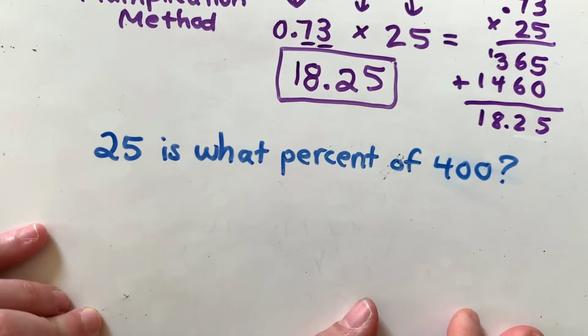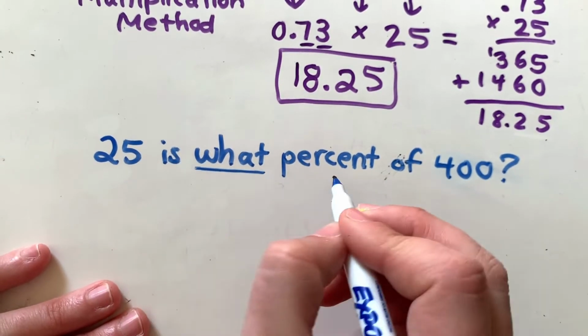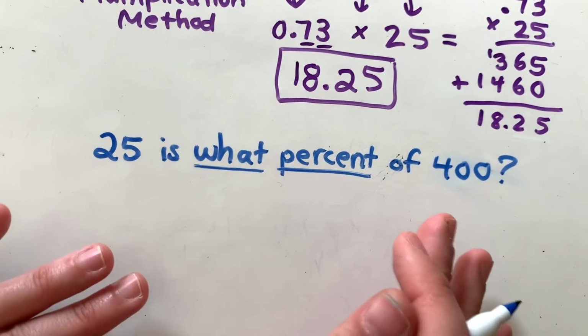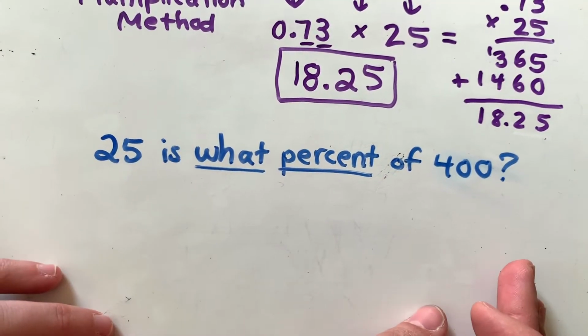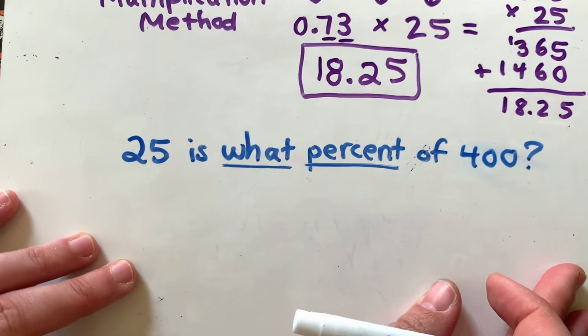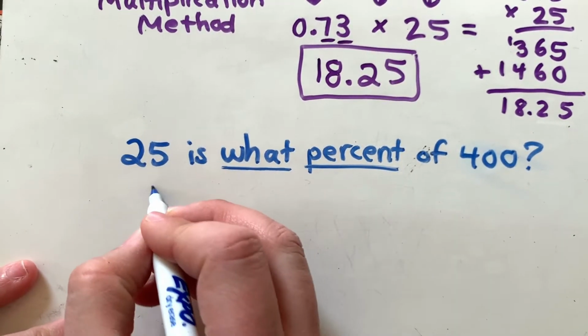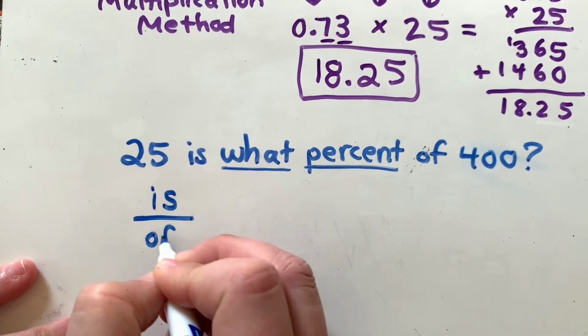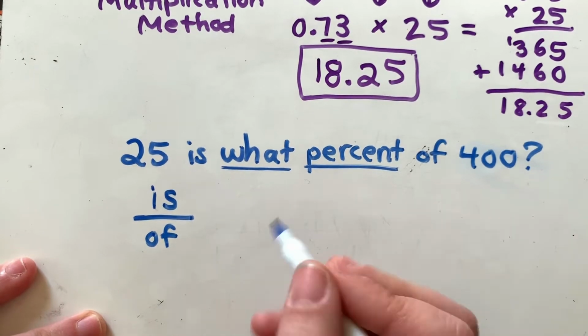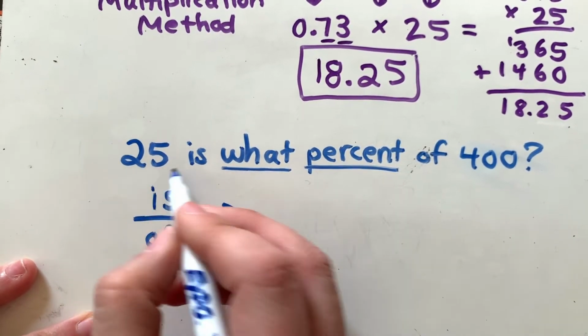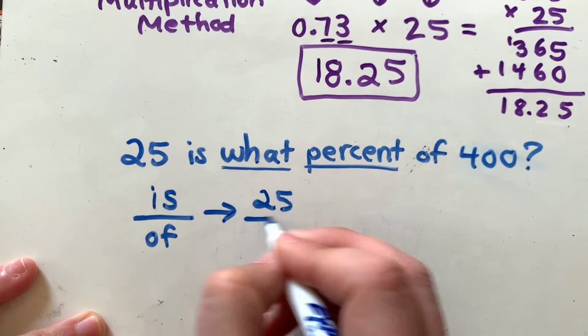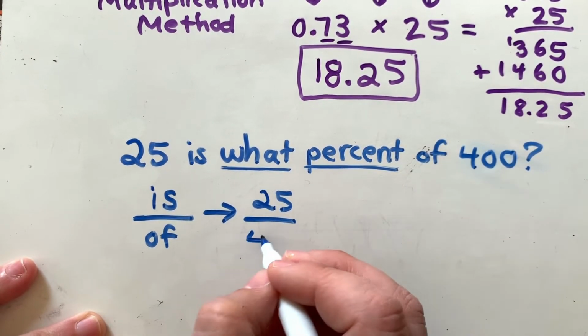Okay, so the key words here are what percent. That means you don't know what the percentage is. So I like to use the proportion method for this. And if you remember, is over of became kind of our go-to. So 25 is the part and of 400 is the whole.